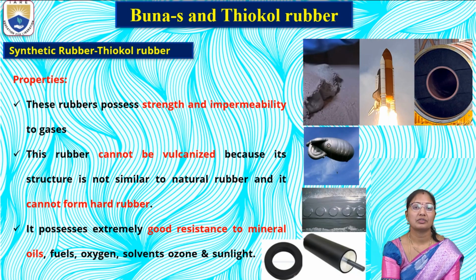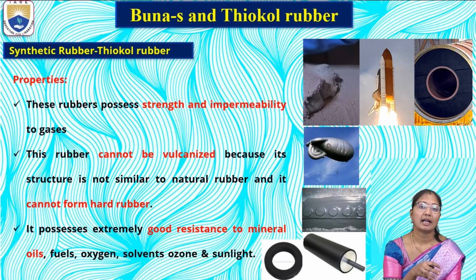What are the properties of Thiokol S rubber? These rubbers possess great strength and impermeability to gases. This is why it is advantageous for sealings, so this Thiokol S rubber was used as sealing material. These rubbers cannot be vulcanized like Buna-S rubbers, as they already contain sulfur compounds, because their structure is not similar to natural rubber and they cannot form hard rubbers.